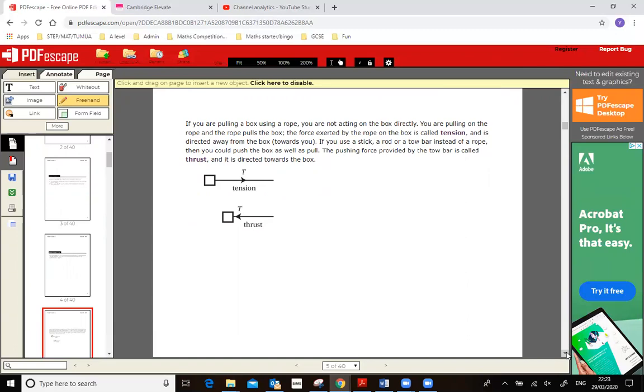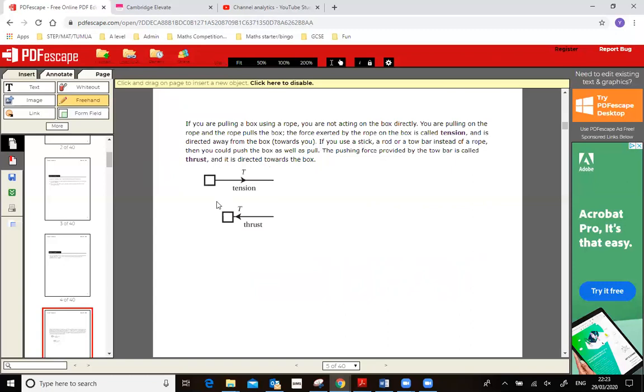The force exerted by the rope on the box is called tension, and is directed away from the box, so that means it'll be towards you when you're pulling the box.